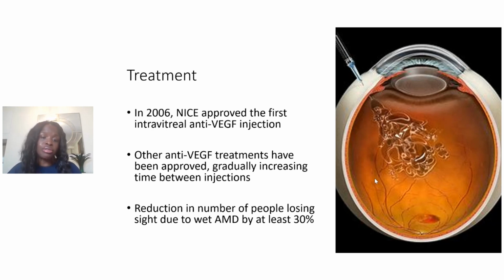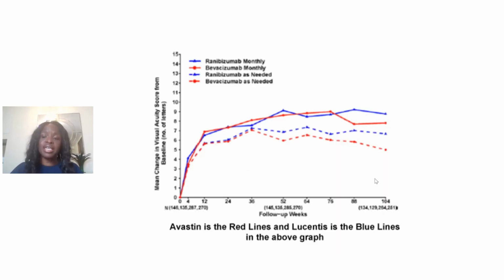And this has led to a reduction in the number of people losing sight due to wet macular degeneration by at least 30%. I would like to emphasize that these treatments work to rapidly improve vision in the first 3 to 6 months. And then after that, the treatments have to continue to help maintain the vision that has been gained.